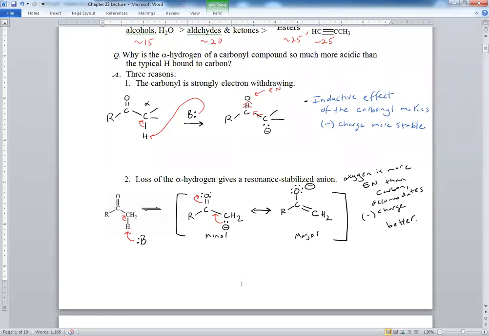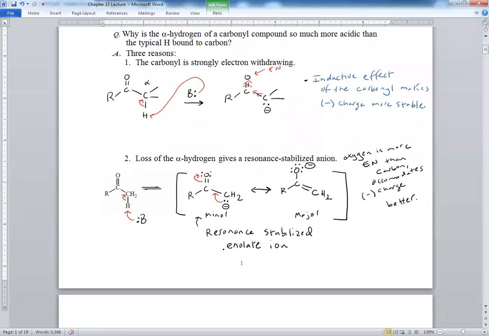This is resonance stabilized, and we have a name for this. This is the new term: enolate ion. This right here is called an enolate ion. So this is the second reason.